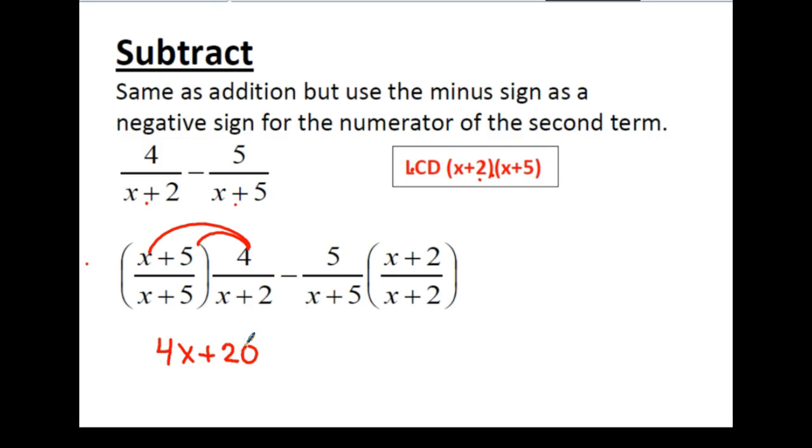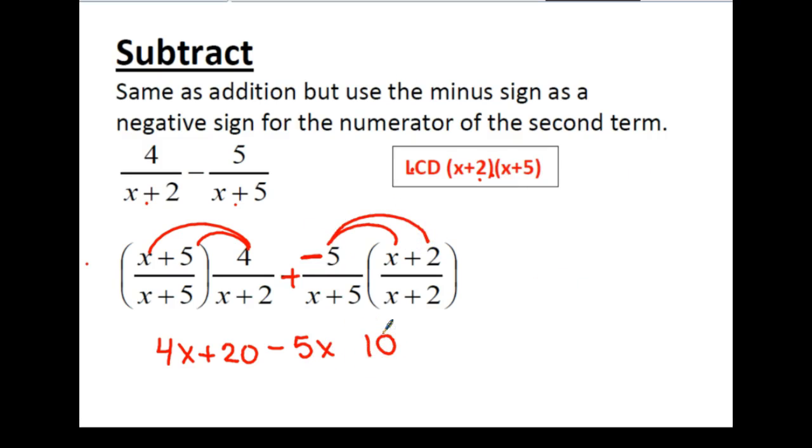Now, this is subtraction. I would strongly suggest that you change subtraction to adding a negative. Subtraction is the same as adding a negative, but if you will change it to adding a negative, you're much less likely to make a sign mistake, because this would be negative 5x, and what is this number right here going to be?